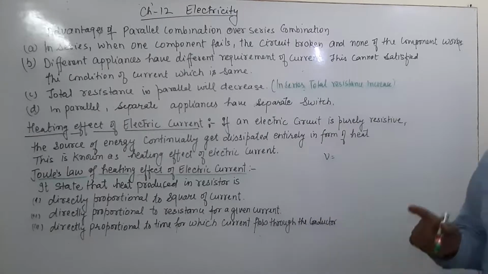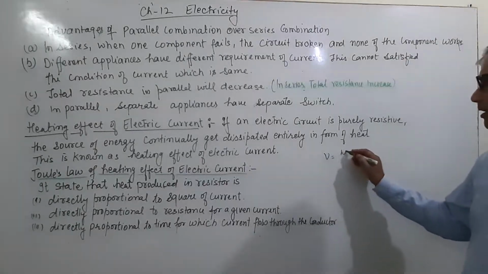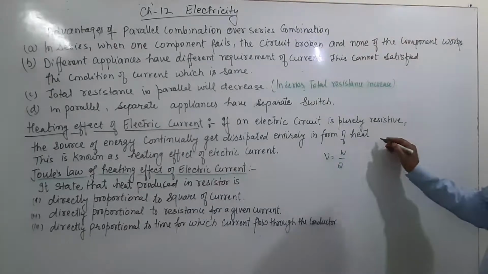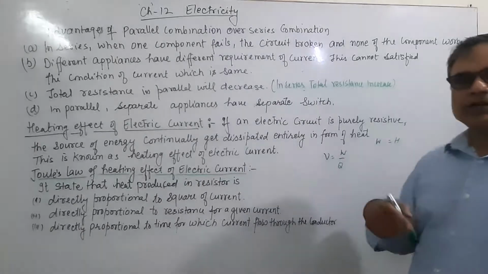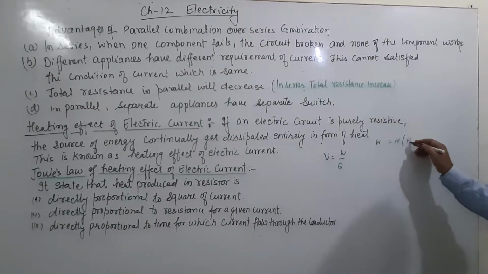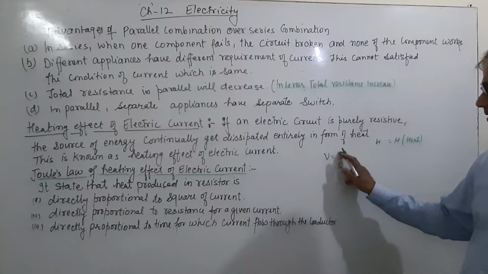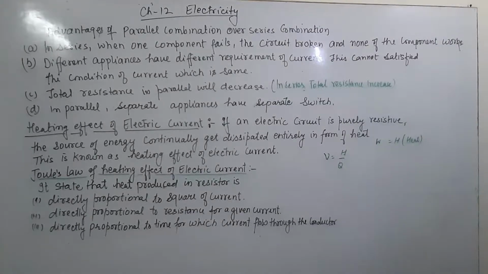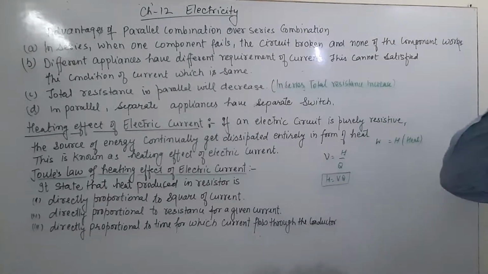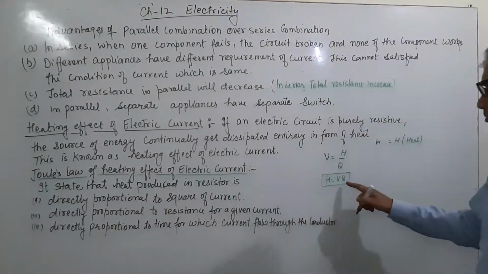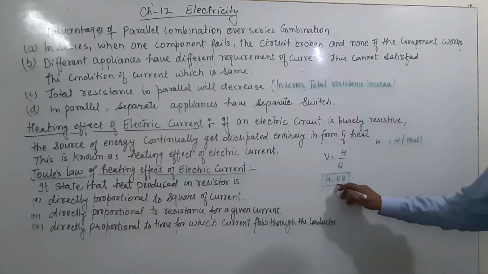V. We know the formula of potential difference: the amount of work done to bring a unit positive charge from one point to another, the work done upon my positive charge Q. V is W upon Q. W is work done, and work done is a form of energy, and this energy we take in the form of heat, which is represented by H. Then W is equal to H, so we can place H in place of W. Now cross multiply, H is equal to V into Q. This is the formula to calculate the heat, which means the charge is moving in a particular direction in a definite circuit, due to the potential difference.